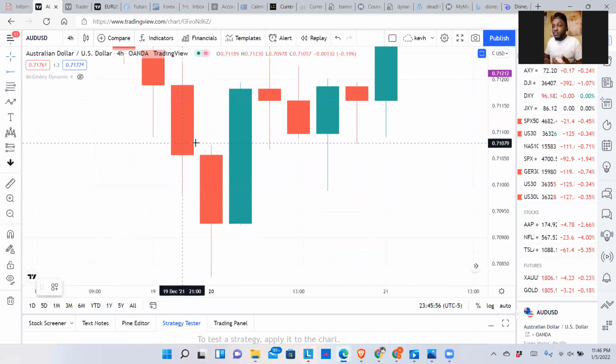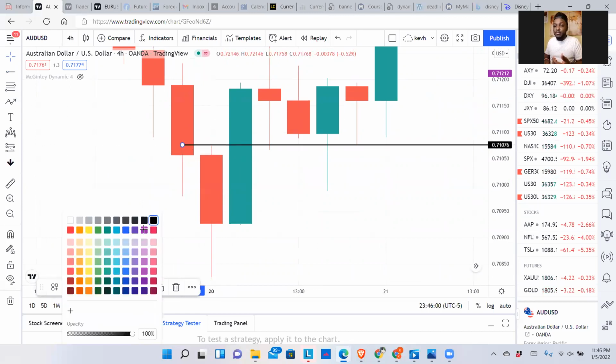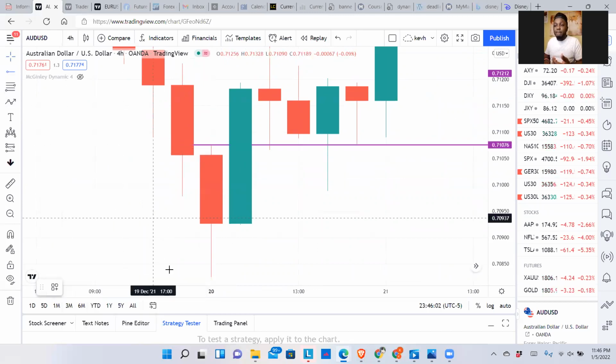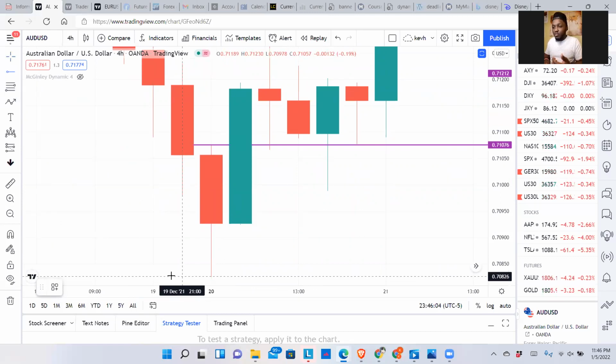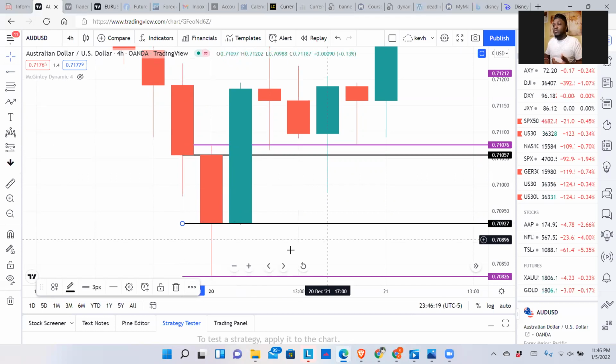I'll mark up the high. I'll mark also the lowest point. And just in case, for anyone who decides to use the body, I'm marking up both the wicks and the body of the candle.